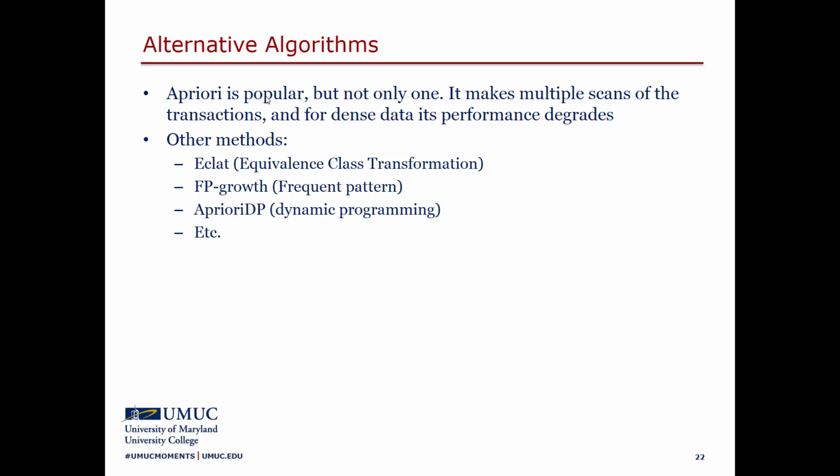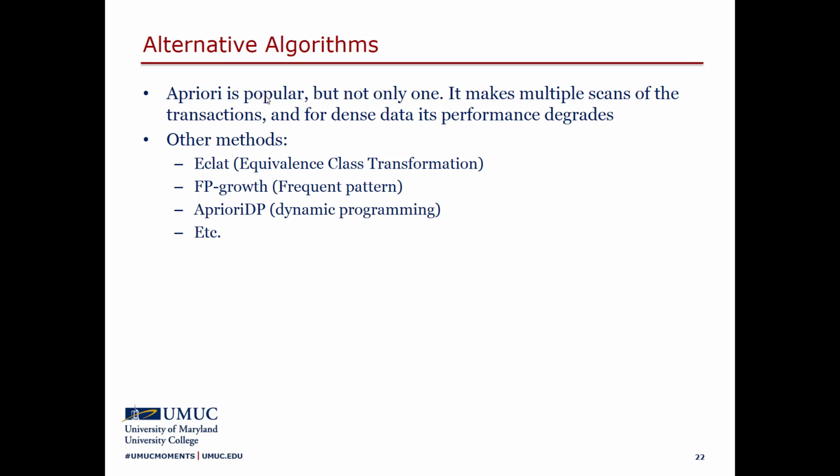Other algorithms for association mining. In this lecture, I went over only the apriori algorithm, but this is not the only algorithm, although it is the simplest and the commonly used one. Even with the search optimization we discussed, such as support-based pruning, the apriori algorithm does multiple scans of the transaction database.